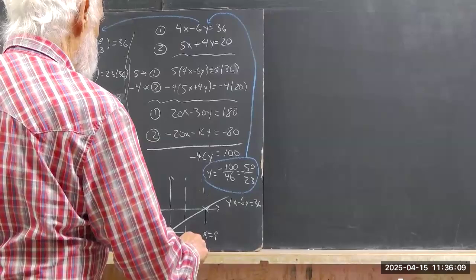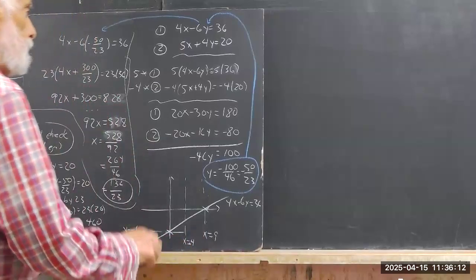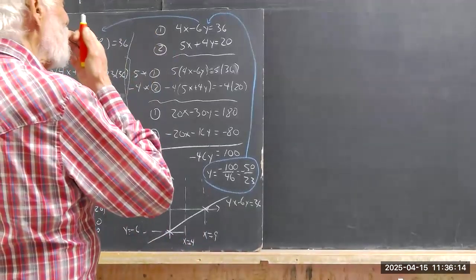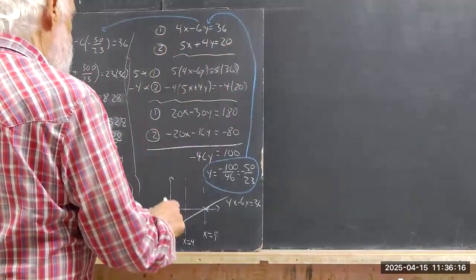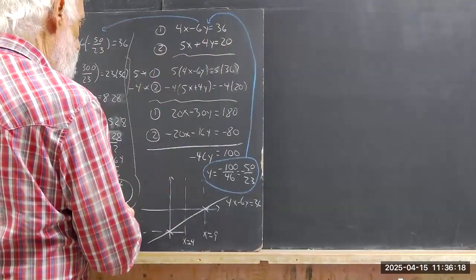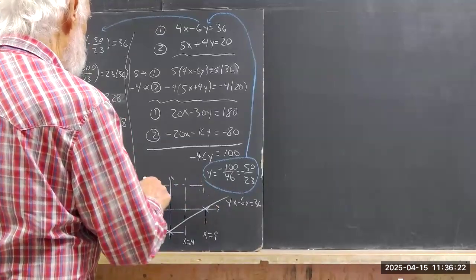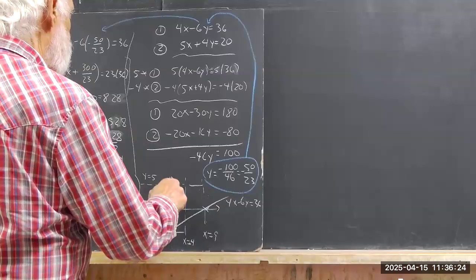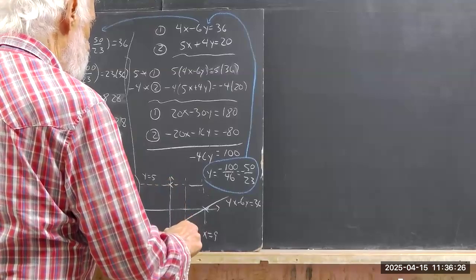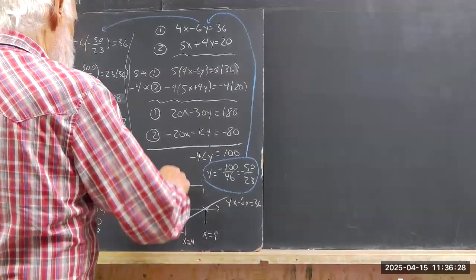Sort of. It'll be a little more to the right. And if x is 0, y is 5. So let's see, if that's negative 6, then y is 5 ought to be about here. There are my two intercepts.